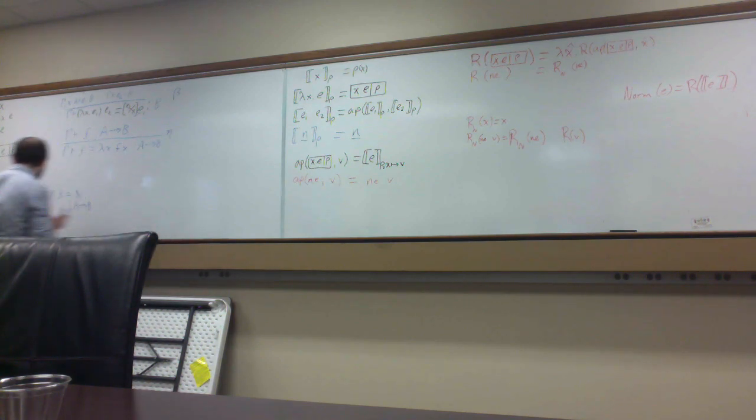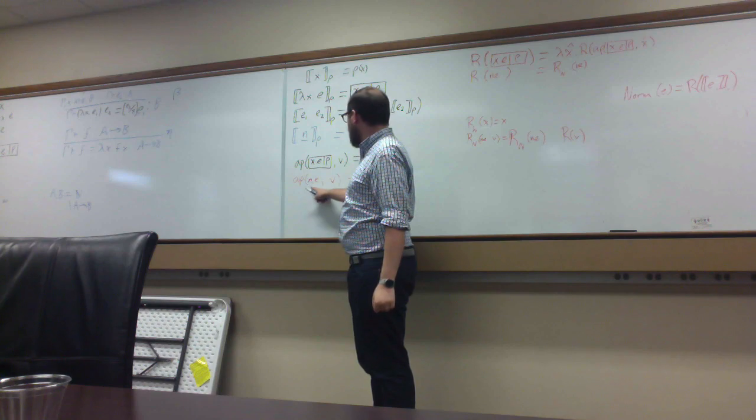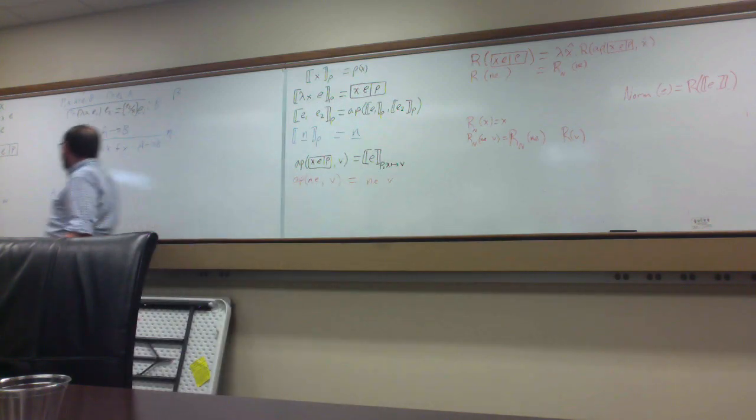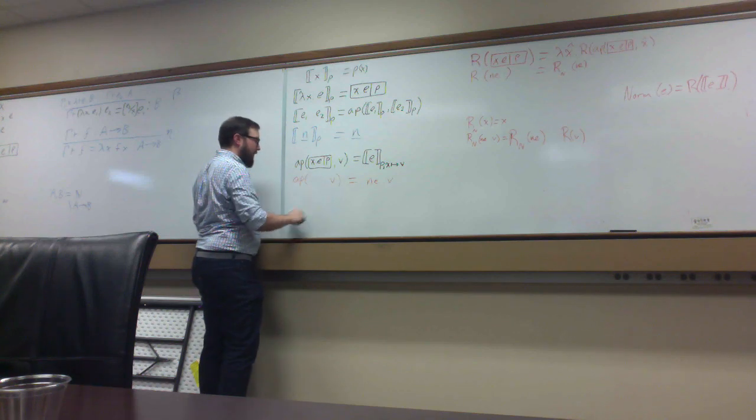Now we need to extend these things to work the right way. So app doesn't just get a neutral directly. Instead, app is going to get an up arrow in front of the neutral saying what type it has.